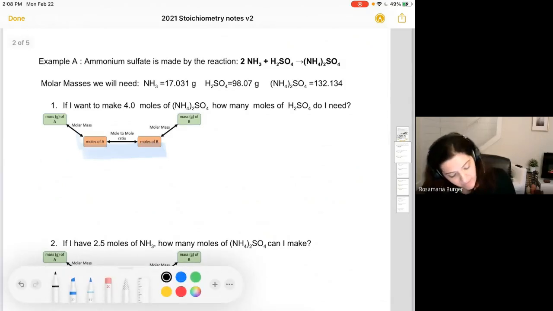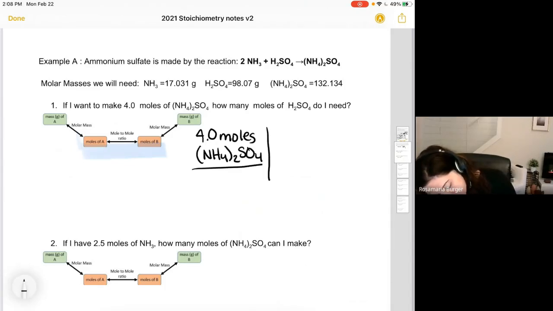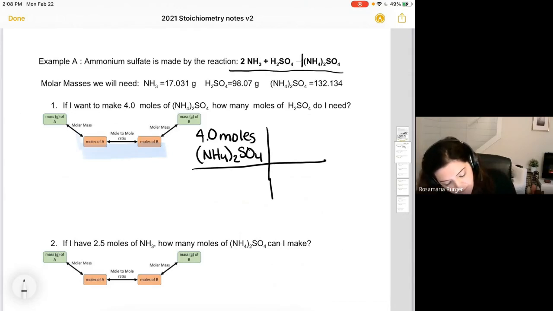So if I have 4.0 moles of (NH4)2SO4, well, I know for every, look at our formula here, for every 1 mole of that, I also use 1 mole of this. I use 1 mole of that. So it's going to give me 4.0 moles, but let's do it anyways.